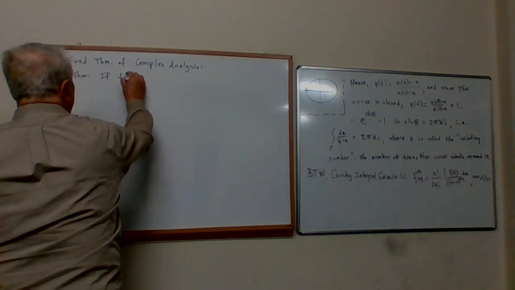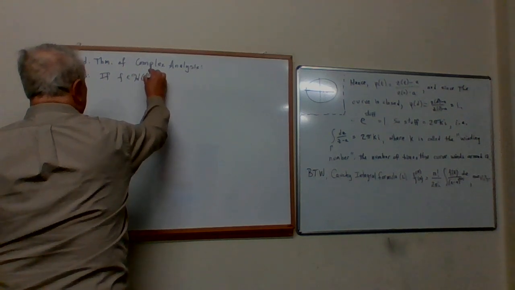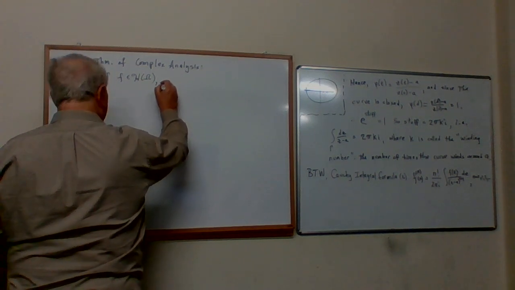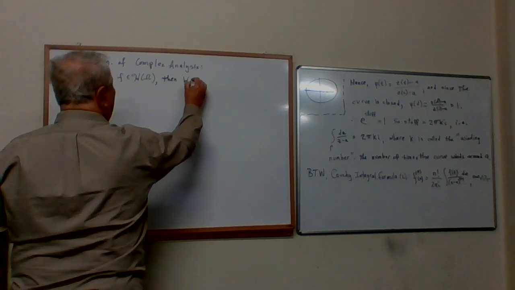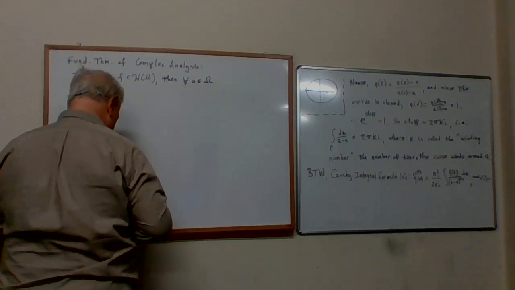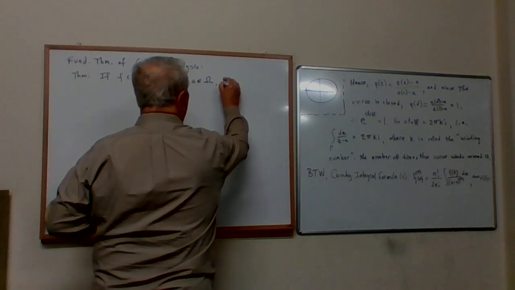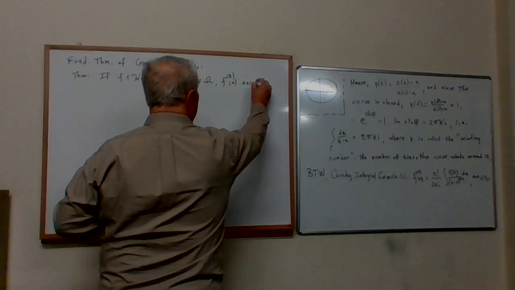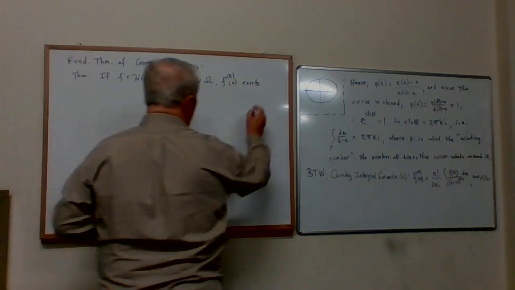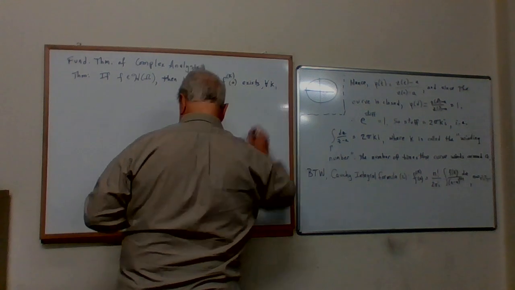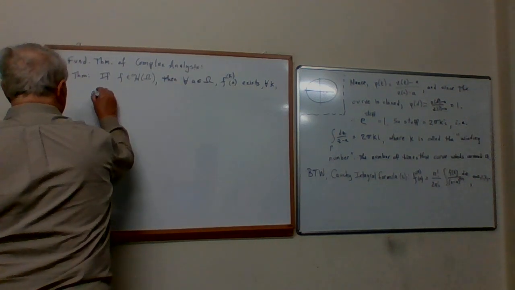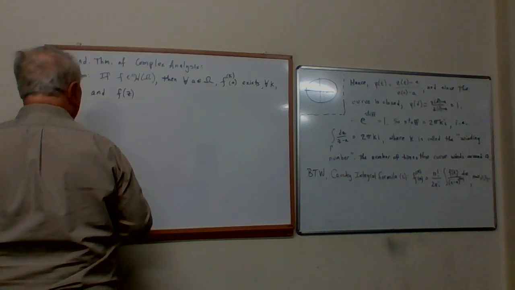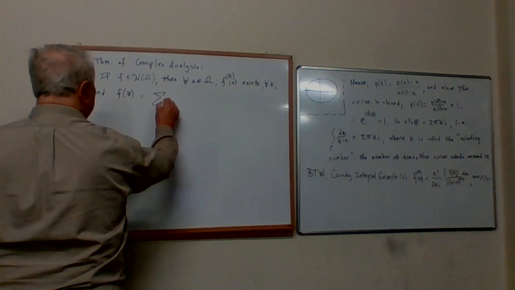If f is holomorphic in a region, then for all a, all points in that region, the kth derivative exists for all k, and the function itself is a power series.